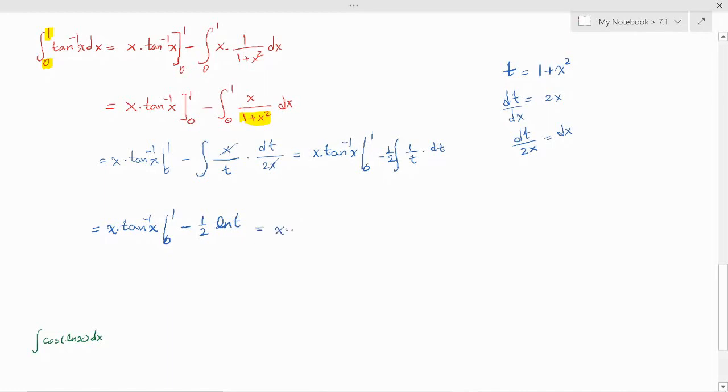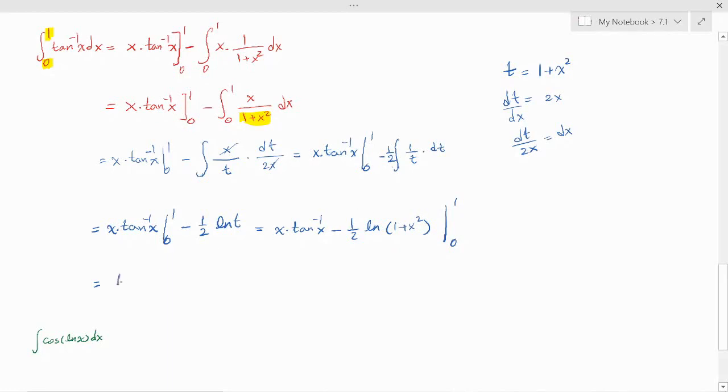So this would be x times tan inverse of x minus 1/2 ln, and instead of t, I'll replace it back with 1 plus x squared. And then let's evaluate from 0 to 1. You'd always mention that you need to evaluate over the boundary at the end. Okay, let's evaluate.